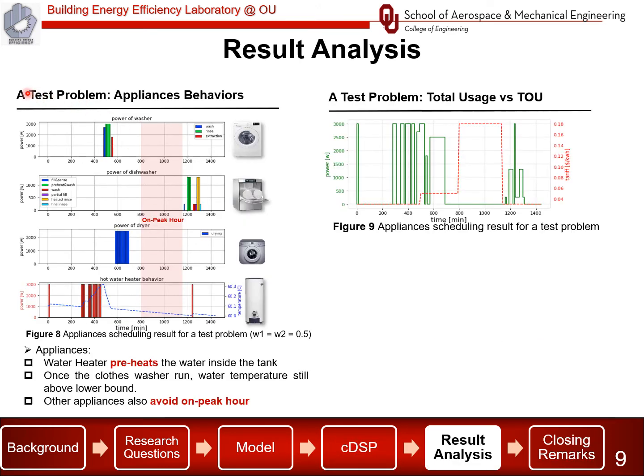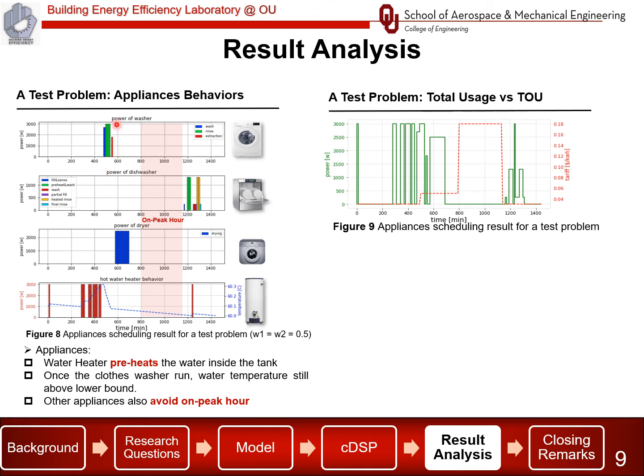We also implement our model in a tester problem. Here is the result. In this tester problem, we use W1 equal W2 equal 0.5, which means we give equal importance to the cost and to the peak load. And we can see the water heater here turns on and off more frequently, and it will heat the water inside it.